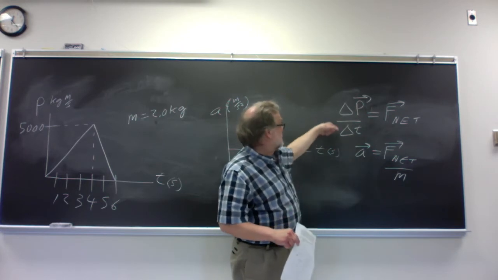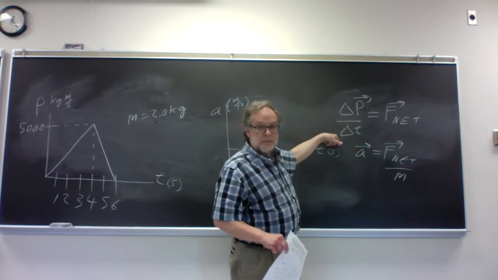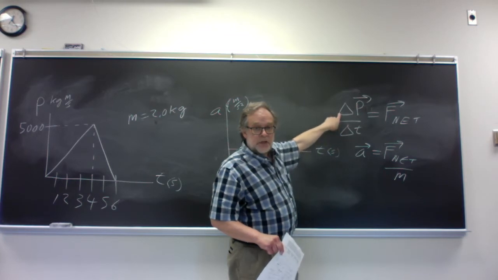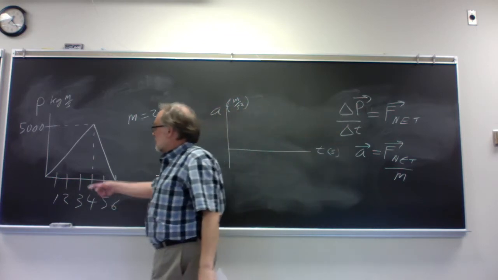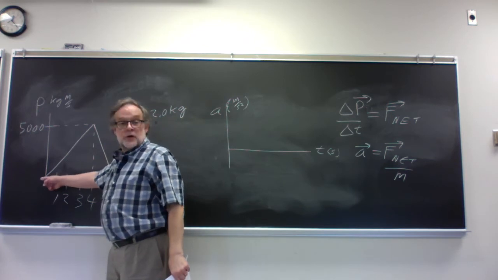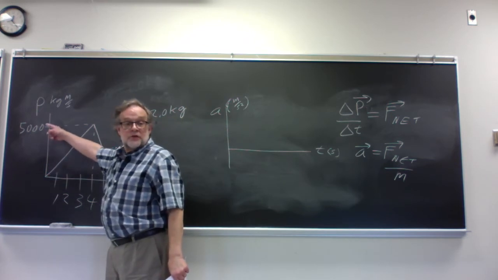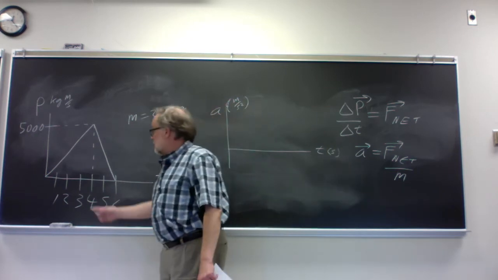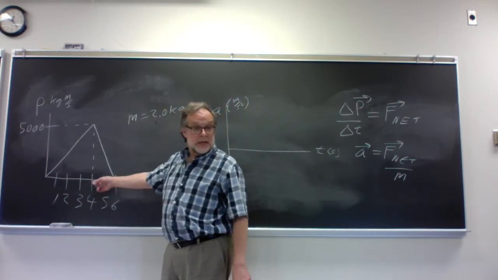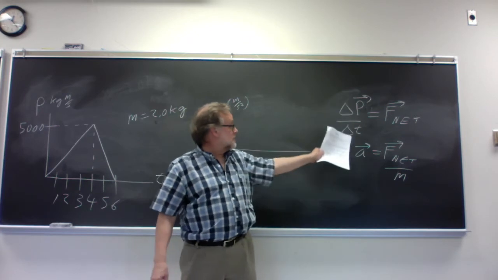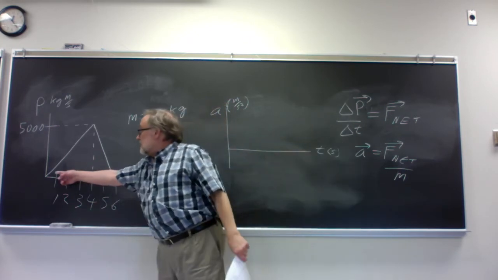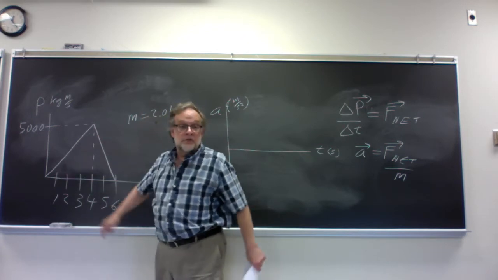But what else can we say about this rate of change of momentum? Delta P divided by delta T. Delta P is just, if you look at this graph, the change in the variable along the vertical axis, and delta T is just the change in the variable along the horizontal axis. In other words, rise over run, delta P over delta T is just the slope of this line.